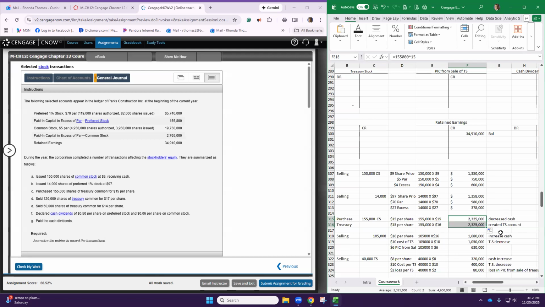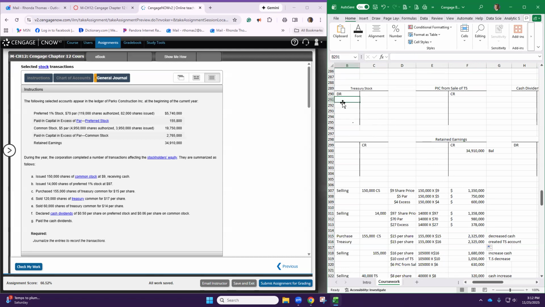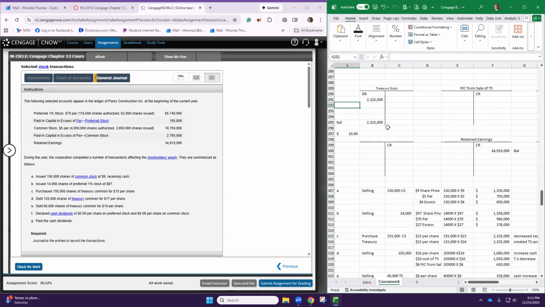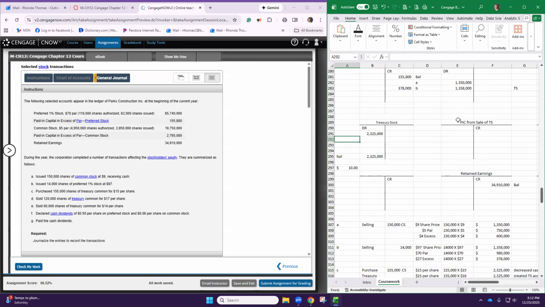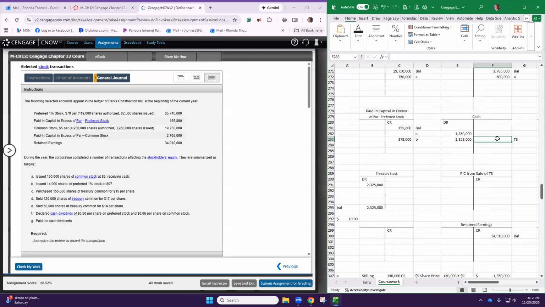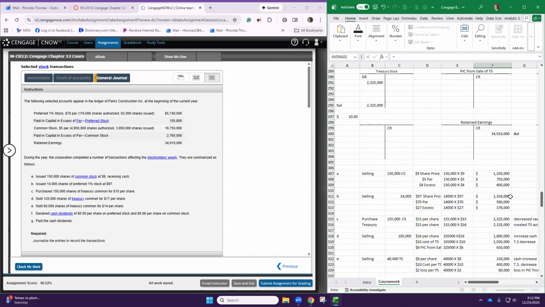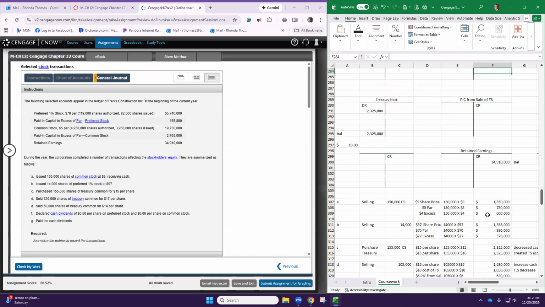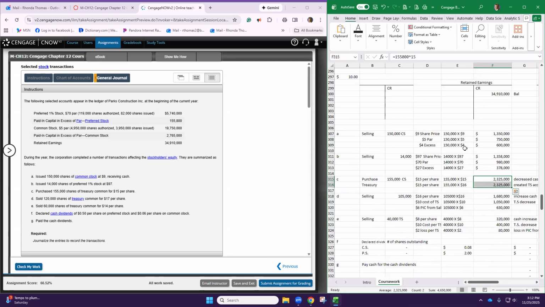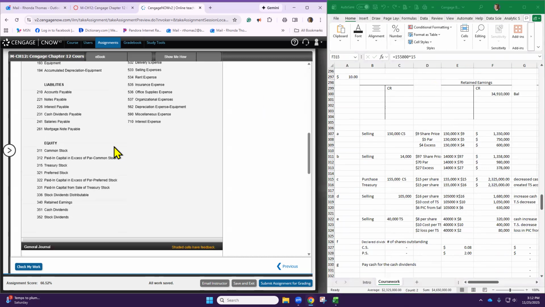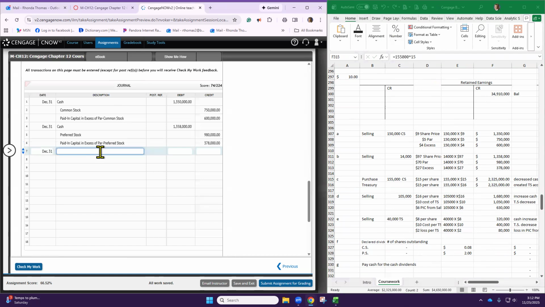We're going to create the treasury stock account, so we're going to debit the treasury stock account for the amount of 2,325,000. Okay, and that's the treasury stock, and that's how much cash was used to pay for it. Yep. All right, so let's go ahead and put it in. Okay, so we've got treasury stock.